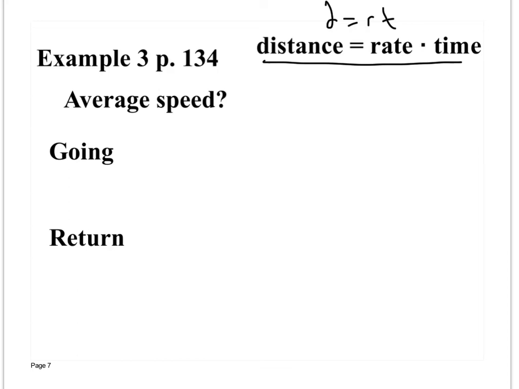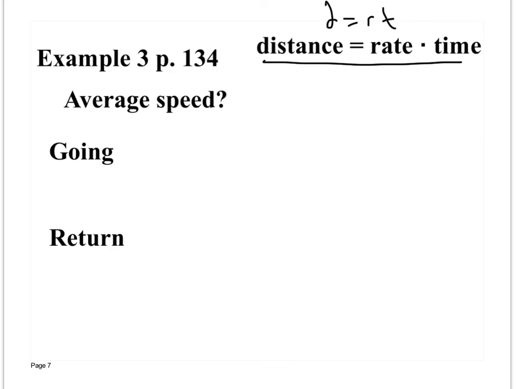So on page 134, it said it took Travis and Tony 40 minutes to skate 5 miles. The return trip took them 30 minutes. What was their average speed for the trip? So what we need to do is find the average speed for going and the average speed for the return.